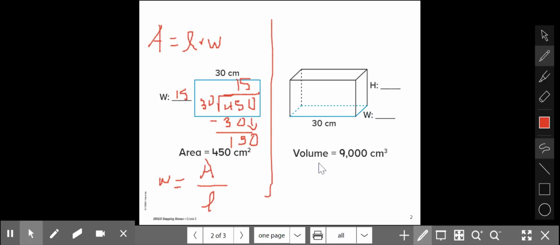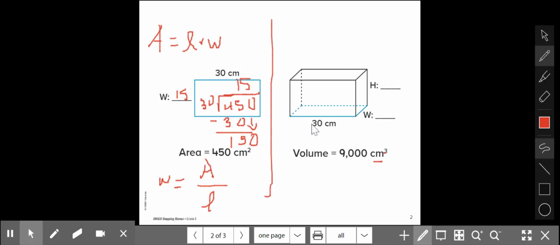What could these two measurements be if my volume is 9,000 centimeters cubed? I like that. That 3 shows me that I'm thinking of three different measurements, a length, a width, and a height. Let's think. We're going to just say that the area is part of this.